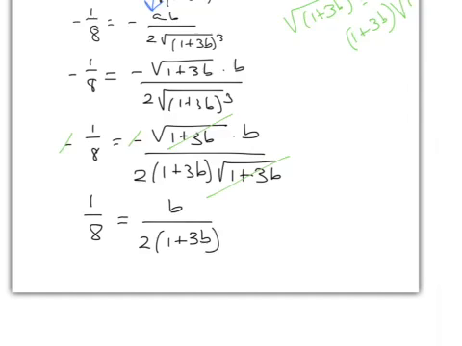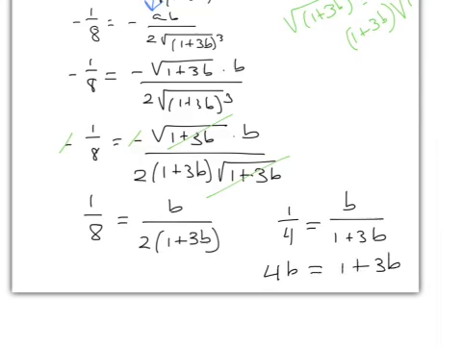Then it's really your preference how you want to carry out this equation. You can multiply by 2 on both sides of the equation and get 1 over 4 is equal to b over 1 plus 3b. And then you can cross multiply, so you get 4b is equal to 1 plus 3b. Move the b's onto the other side, so subtract the 3b's on both sides. So I'm going to be left with b is equal to 1.